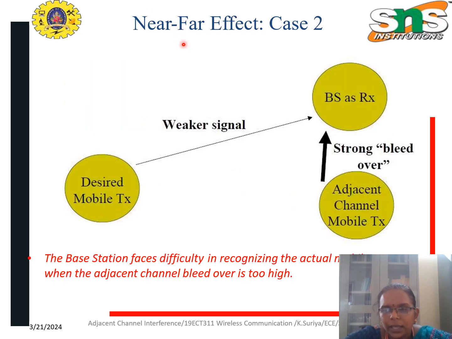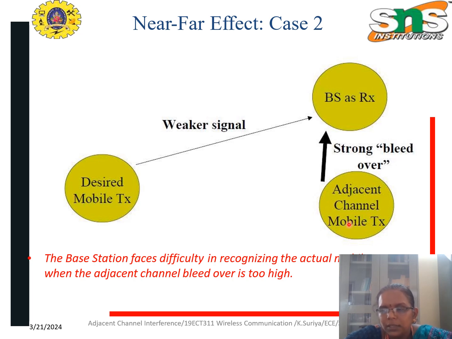So this is case 2, where the base station faces difficulty in recognizing the actual signal. Here, this is the base station, which is the actual receiver. This is the desired mobile transmitter, and this is a mobile which is an adjacent transmitter.